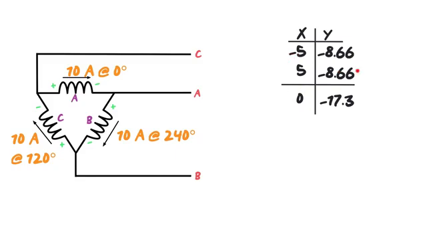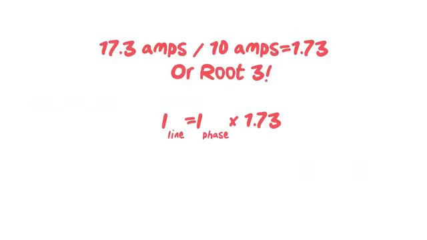Positive 10 times the sine of 240 gives me negative 8.66. Again, this is why polarities are so important. Negative 10, positive 10. I add those all up, and I end up with negative 5 plus 5 is 0, and negative 8.66 plus negative 8.66 ends up with negative 17.3. So I end up with 17.3 amps.